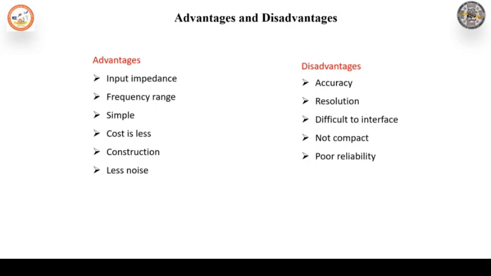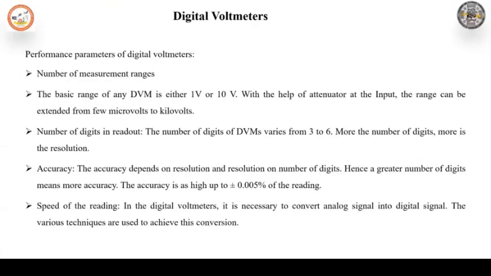Next, it is not compact in size. Finally, the reliability and repeatability are poor. These are a few advantages and disadvantages of the electronic multimeter.